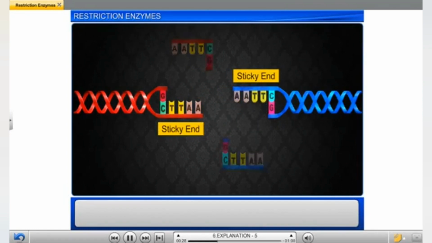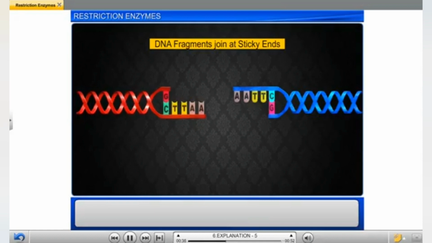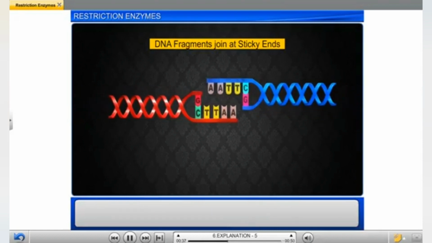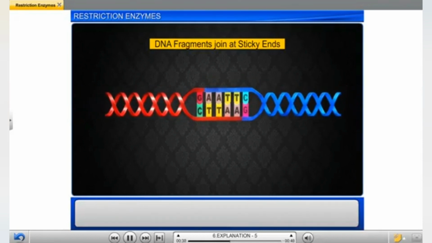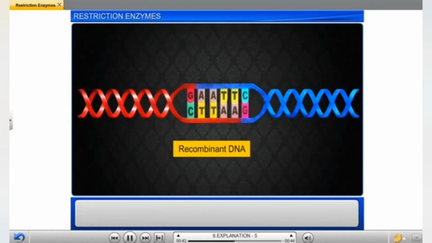As a result, single-stranded portions are left at the ends. Moreover, there are overhanging stretches called sticky ends on each strand. Such ends are called sticky or cohesive ends because base pairing between them can stick the DNA molecule together again.